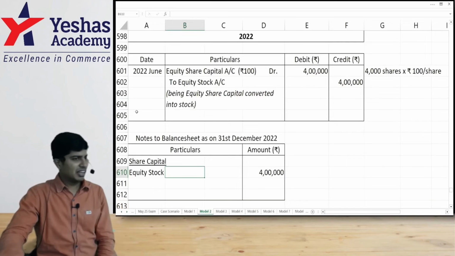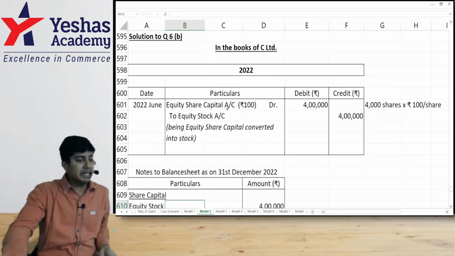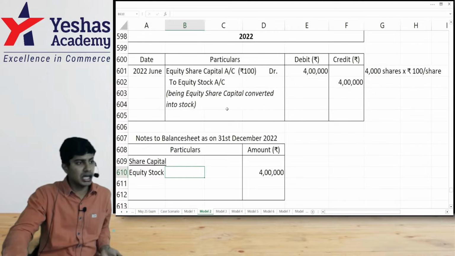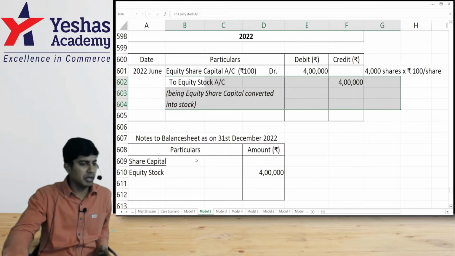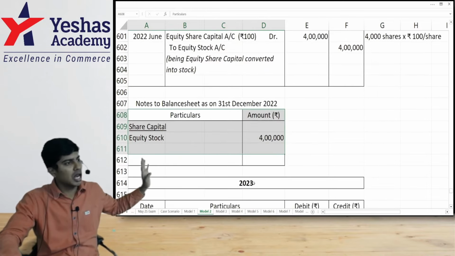Observe the balance sheet extract. Initially, before 2022, in 2021, equity share capital was 4,000 shares of rupees 100 each, 4 lakh. When you convert 4,000 shares of rupees 100 each to equity stock, it becomes 4 lakh. In the notes, you will show this equity stock 4 lakh.